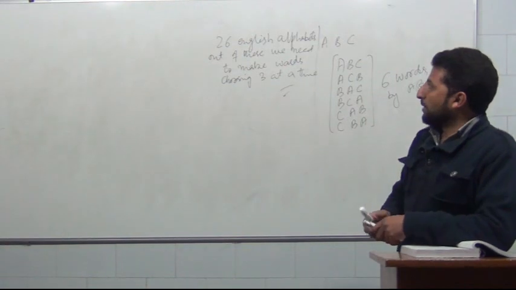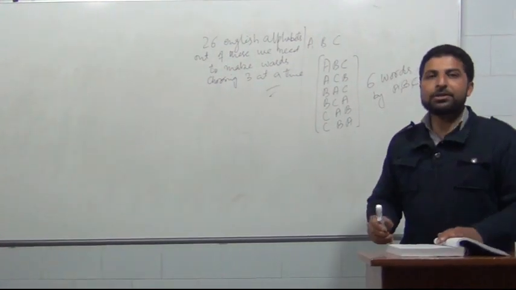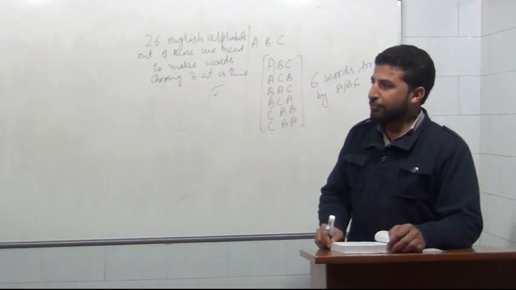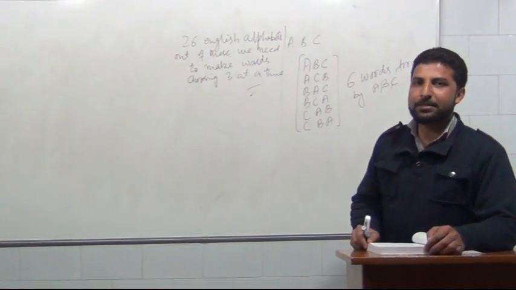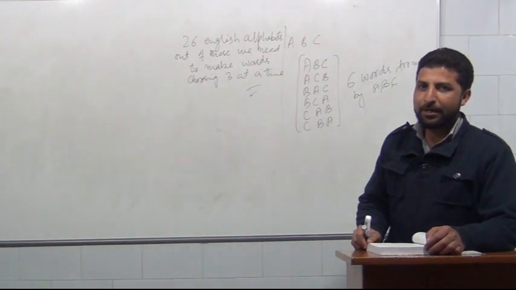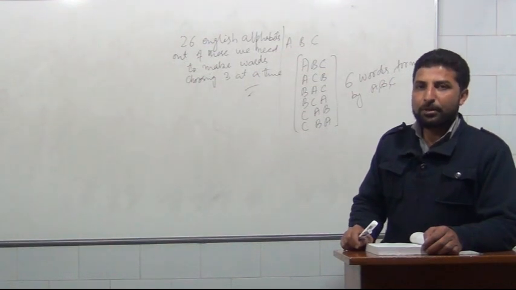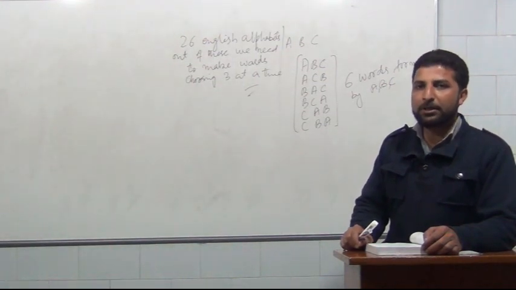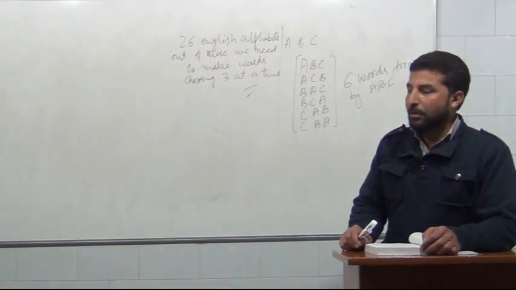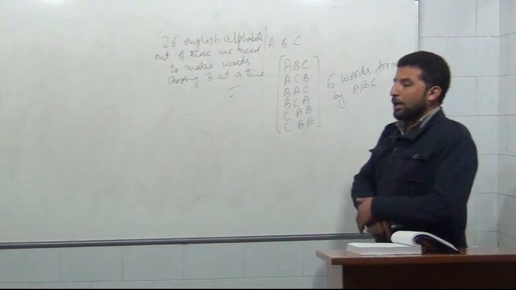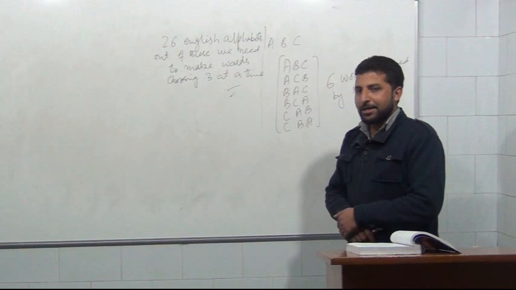To solve this problem, mathematicians introduced a new chapter in mathematics known as permutation and combinations, which deals with the forming of words or numbers choosing all or some at a time.